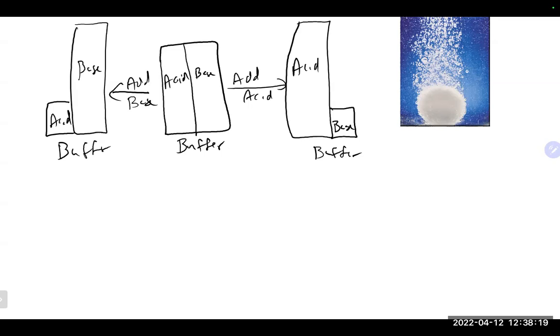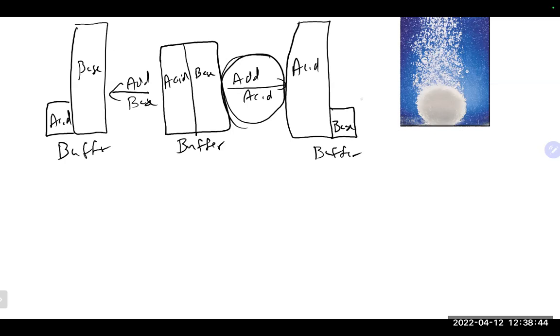There is a limit to the buffer's effectiveness. There's what is referred to as buffer capacity. So let's say, for example, we didn't read the instructions. I know that would never happen. Or we grab the wrong bottle off the shelf, which is way, way more concentrated than it should be. So let's just say what happens in this case if I just keep adding acid to this buffer.